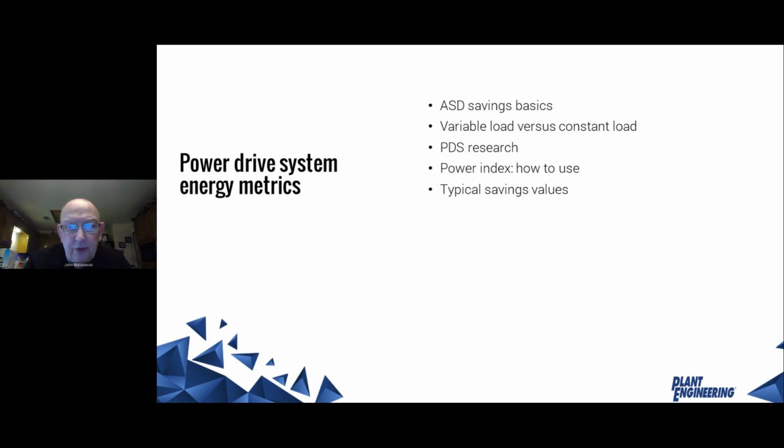That's different than duty cycle. Then we're going to talk about some research that NEMA has done, and we're also looking at some DOE research. Tim's going to cover power index, how to use it, and then we're going to look at some typical savings values when we use drives.